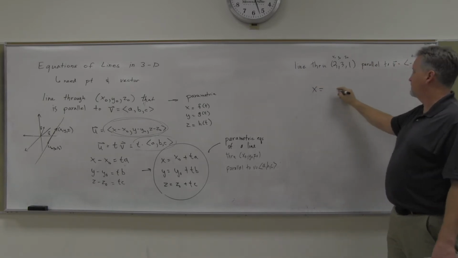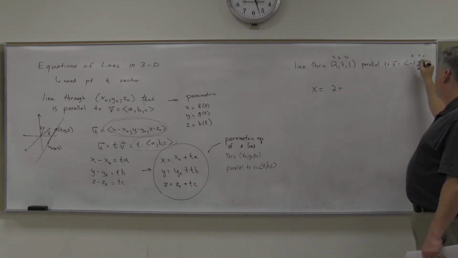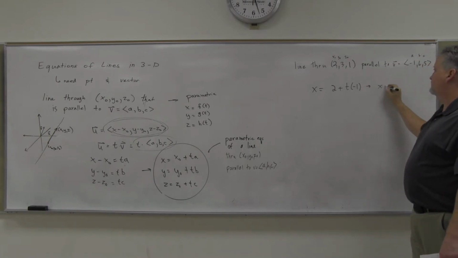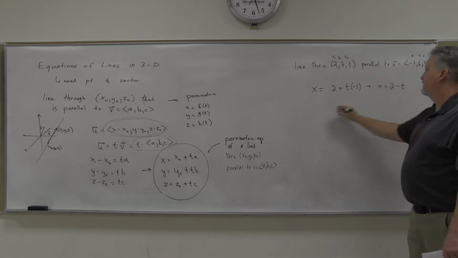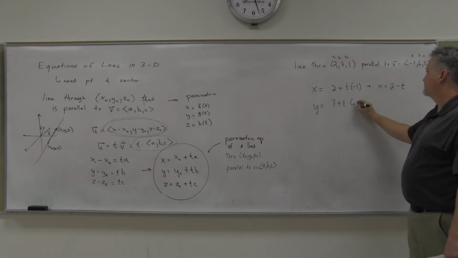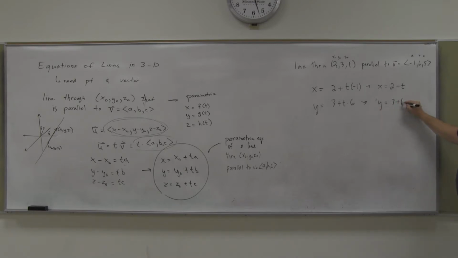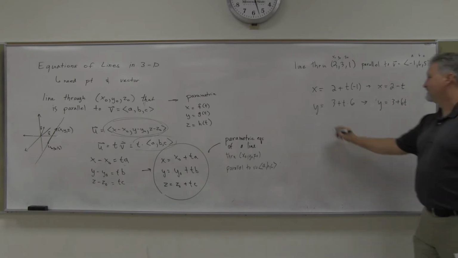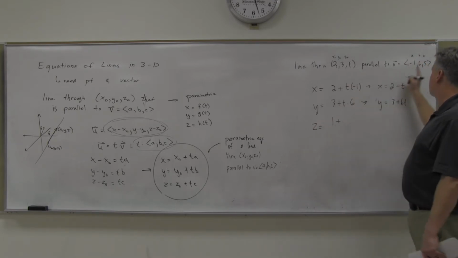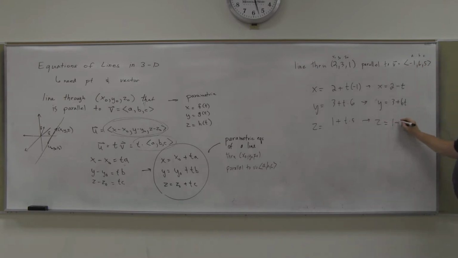And so it would be x equals x0 plus tA. So that's x equals 2 minus t. Y equals y0 plus t times b, 6. So that's y equals 3 plus 6t. Don't derive necessarily. Won't leave you there. Just showing you where it all comes from. Z equals z0, 1 plus t times c. So 1 plus 5t.